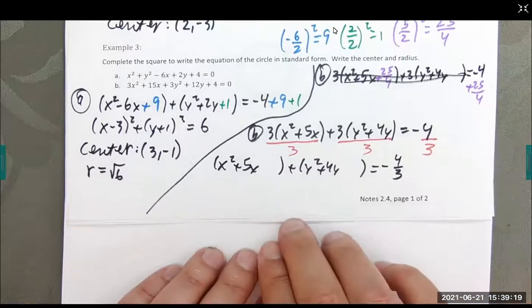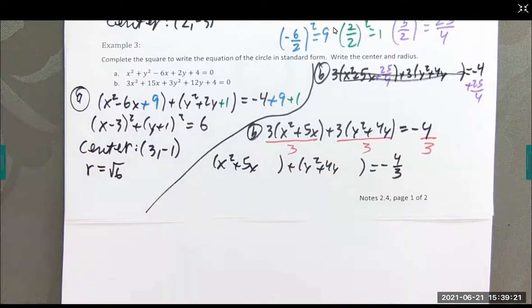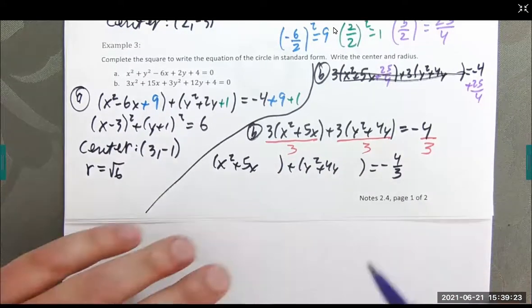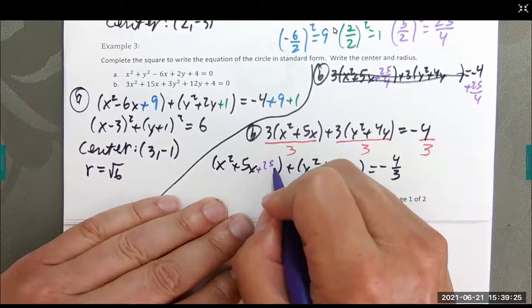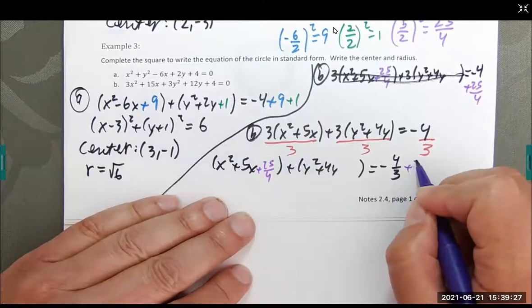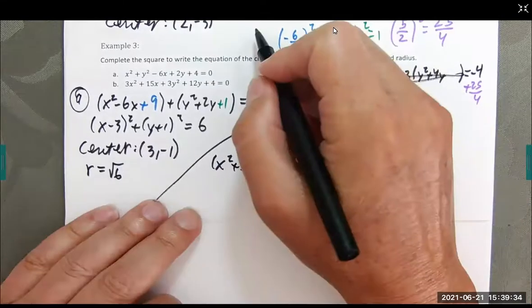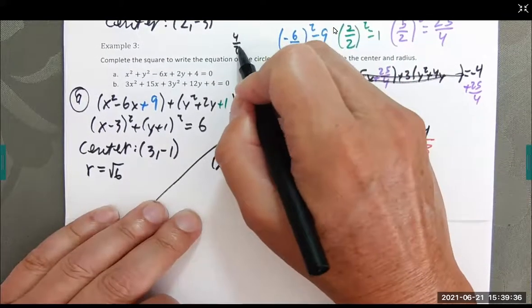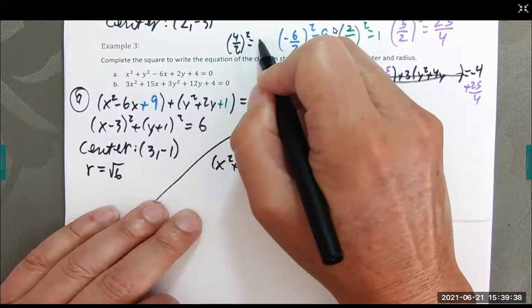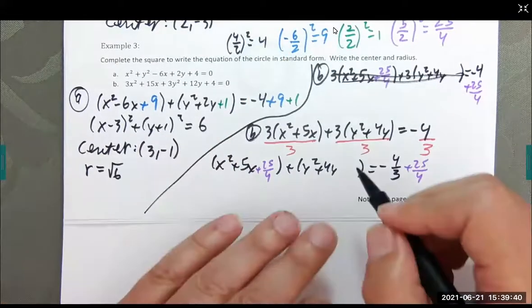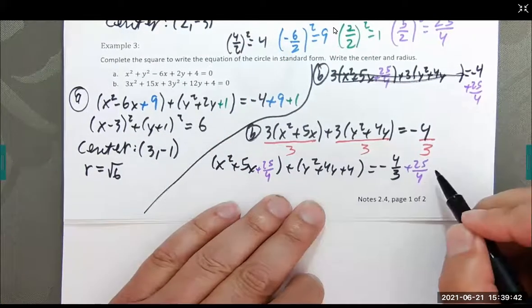And that's going to give me, I'll use purple there, 25/4 plus 25/4. And for this one, I'm going to go 4/2 squared. That's 2 squared, which is 4. So I'm going to add 4 there, add 4 there.